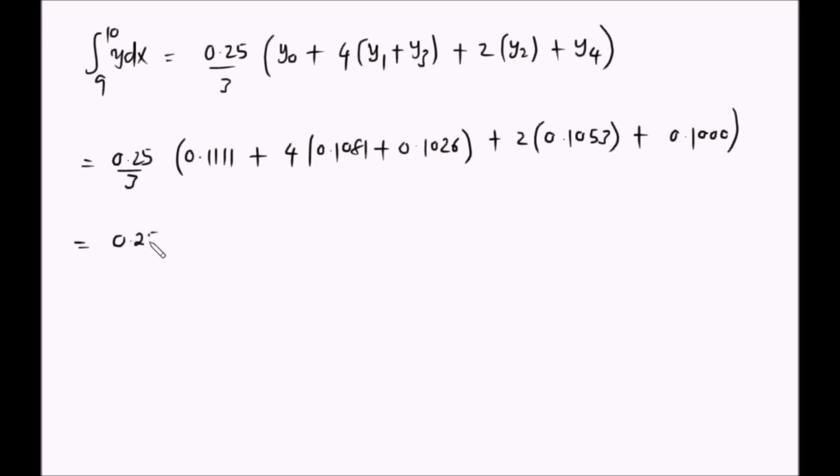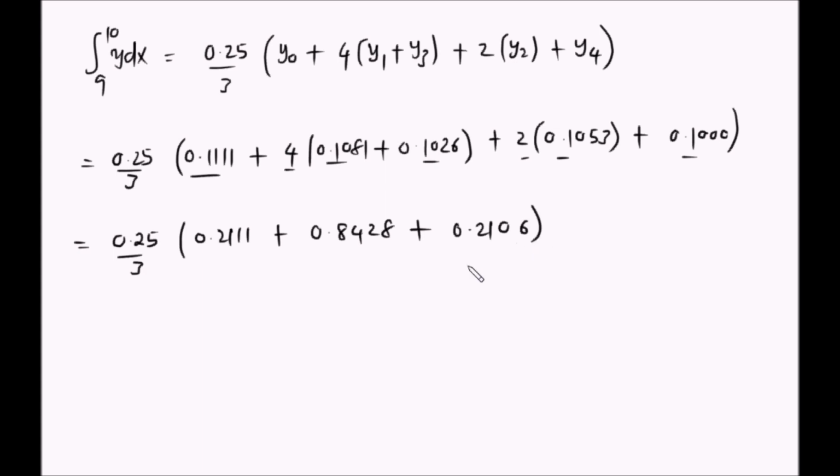So kifuatacho hapo ni calculator tu. So huyu jumlisha huyu ni 0.2111 4. Huyu jumlisha huyu ni au nifanye moja kwa moja tu. Nikichukua huyu plus huyu times 4 I get 0.8428 and then nikichukua huyu zidisha huyu, it's very simple, inakuwa ni 0.2106.